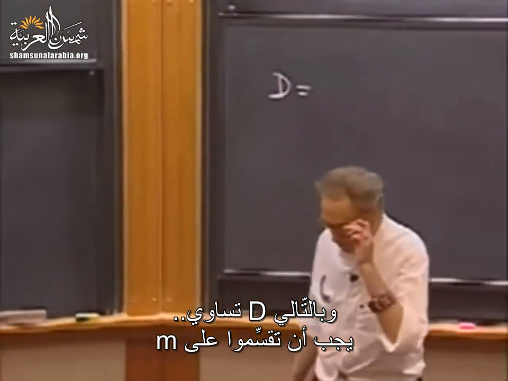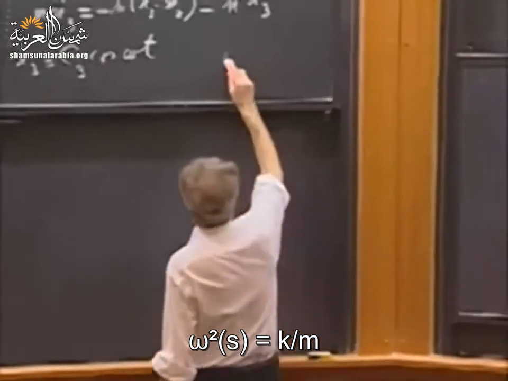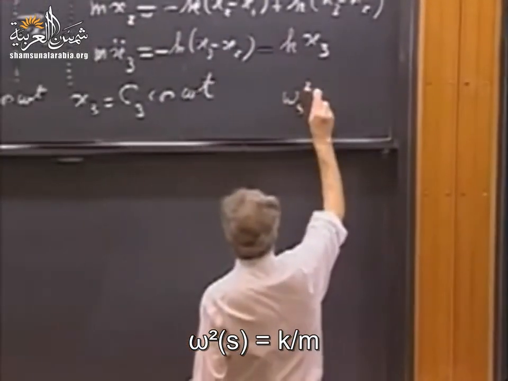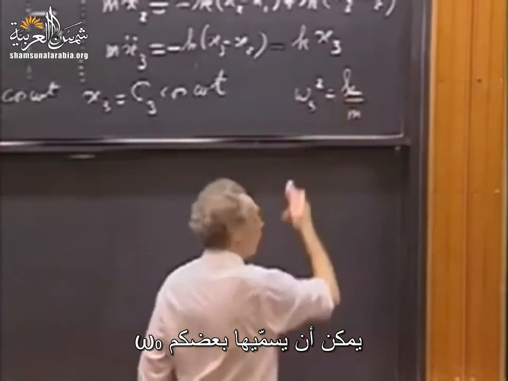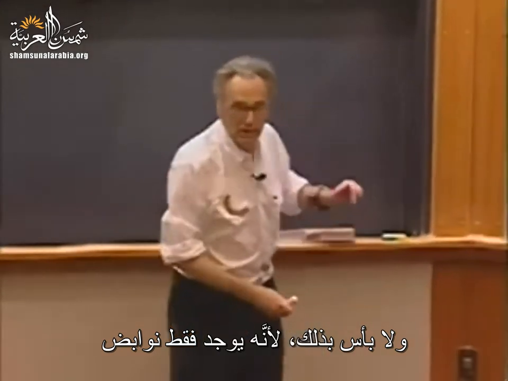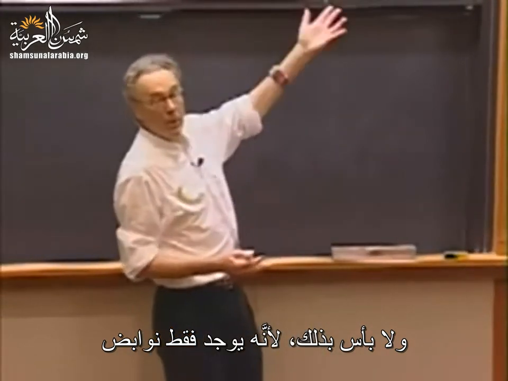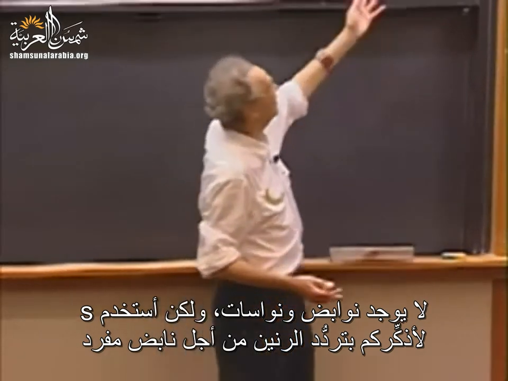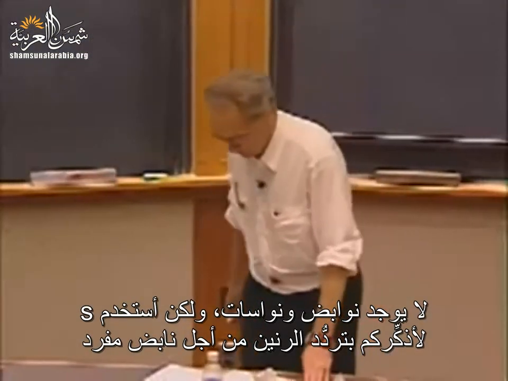And so the D is going to be, so you have to divide by m, you have to also define omega s squared equals k over m, shorthand notation. Some of you may want to call it omega 0, that's fine, because there's only one. There are only springs, there are no pendulums and springs, but I still call it an s to remind you that it is the resonance frequency of a single spring.